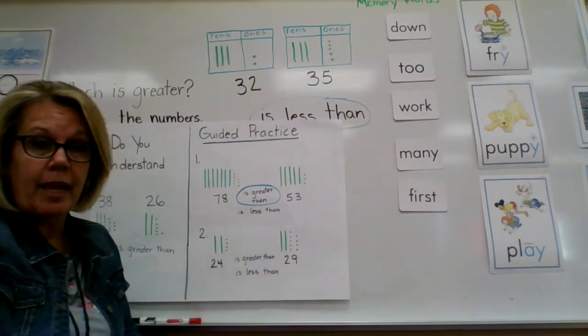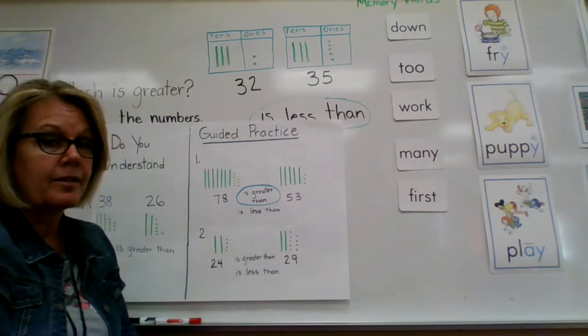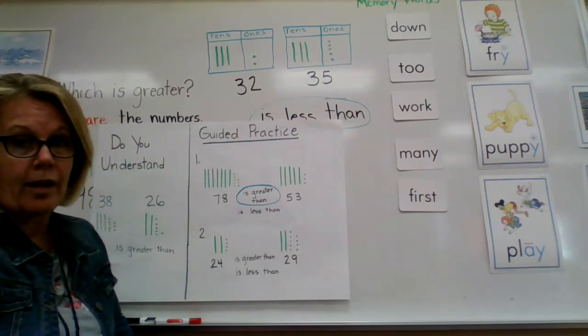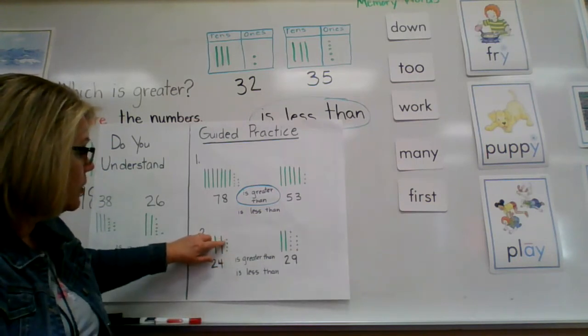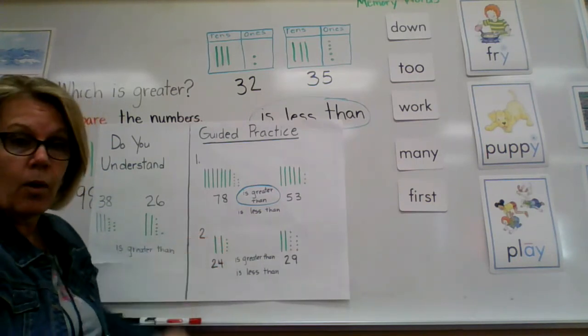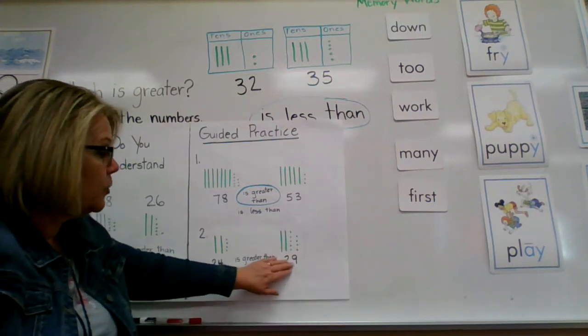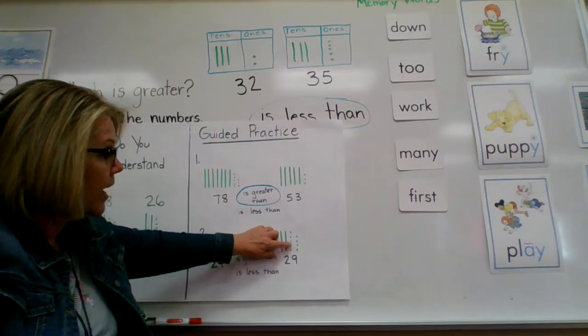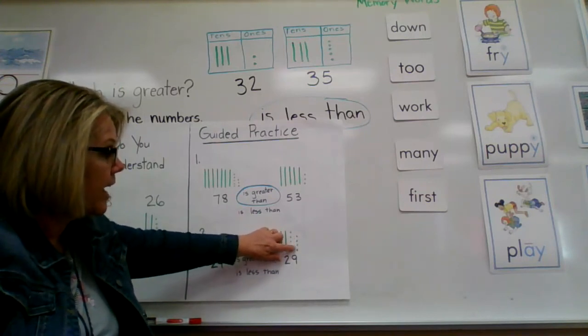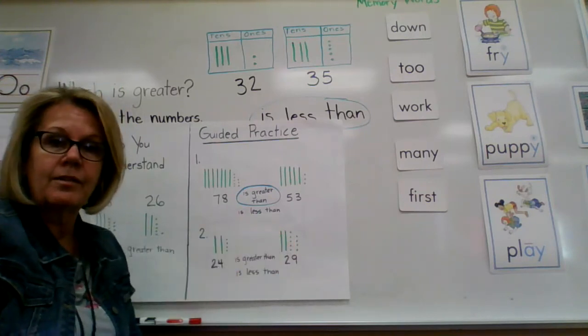Because they're the same number of tens, we have to go to the ones. Now, in the number 24, there are 4 ones. And in the number 29, there are 9 ones.